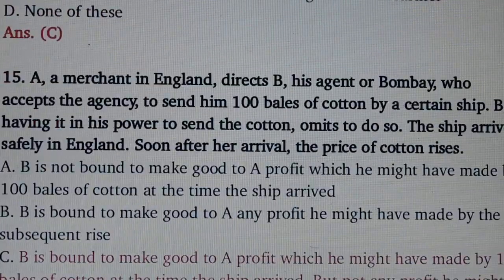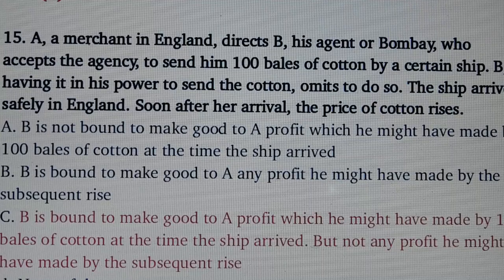Question number 15. A is a merchant in England, directs B, his agent at Bombay, who accepts the agency, to send him 100 bales of cotton by a certain ship. B, having it in his power to send the cotton, omits to do so. The ship arrives safely in England.